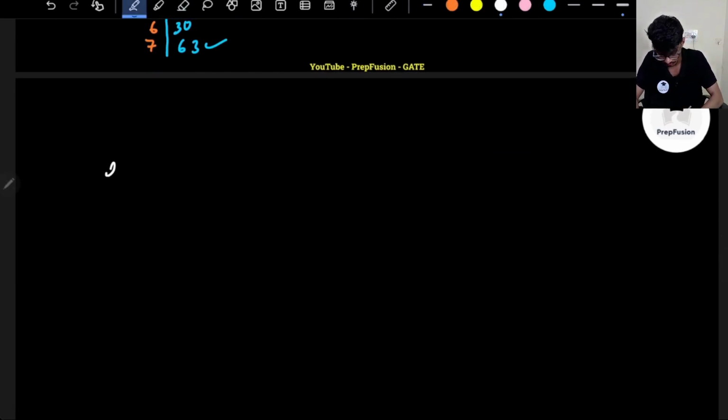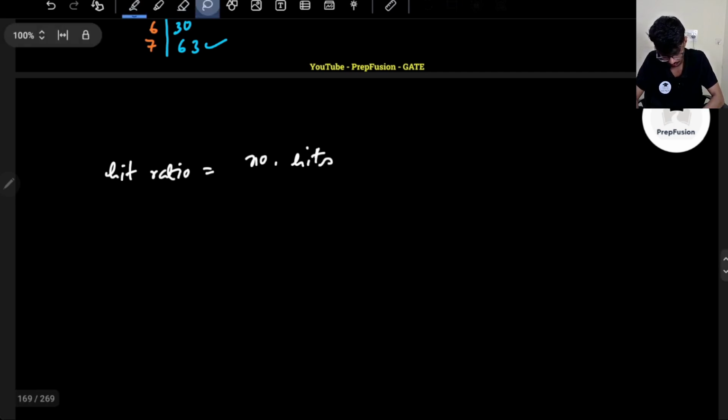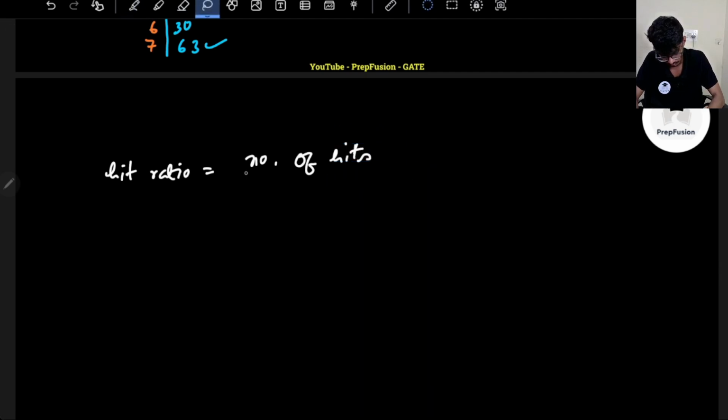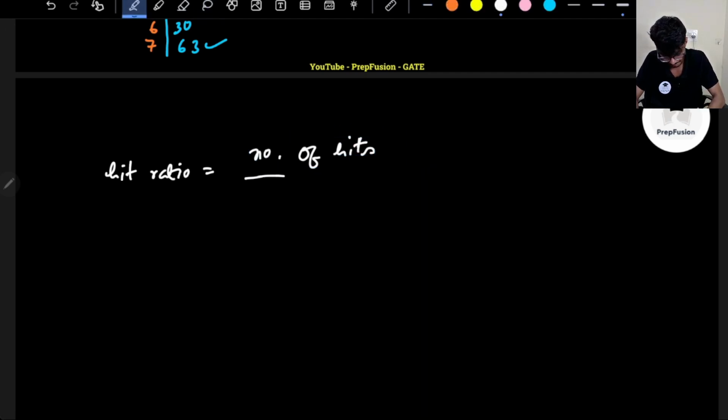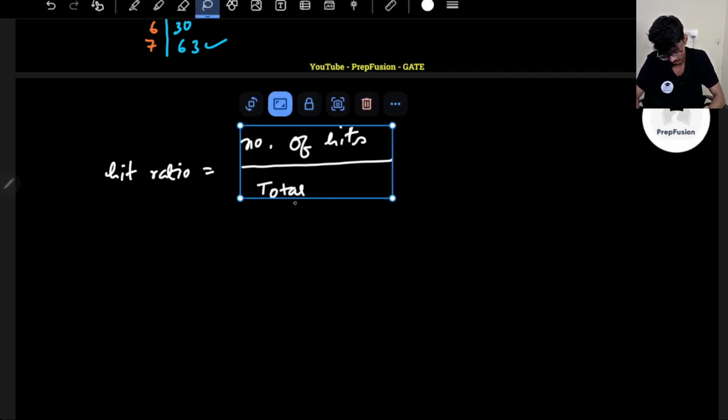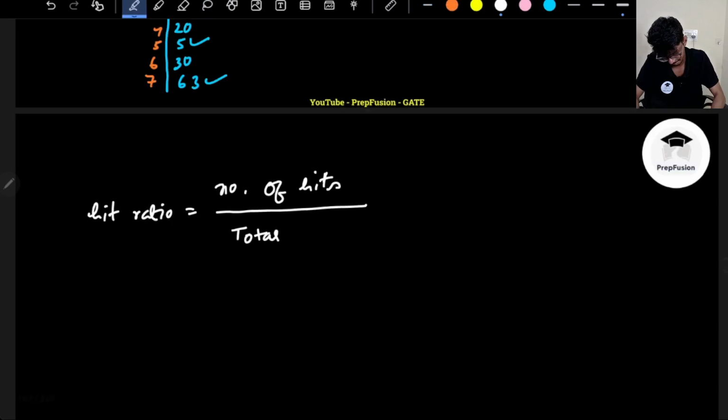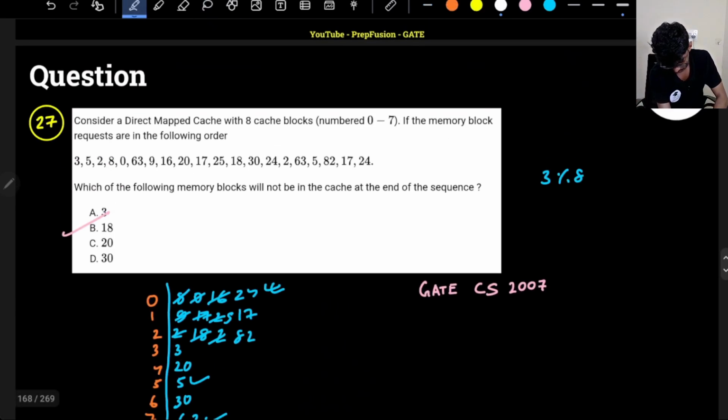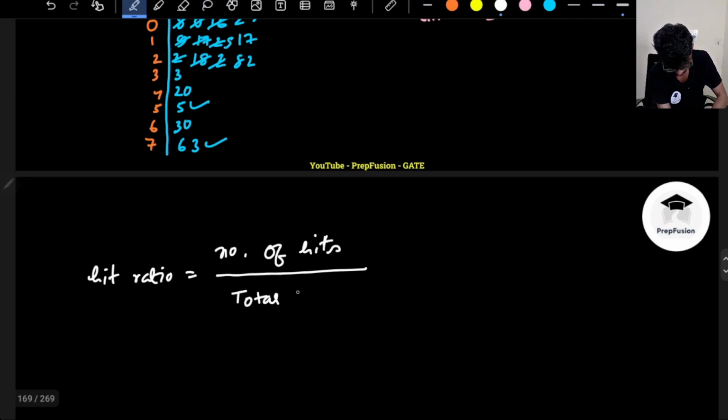What is the hit ratio? If they would have asked the hit ratio, that is the number of hits divided by the total number of CPU requests.